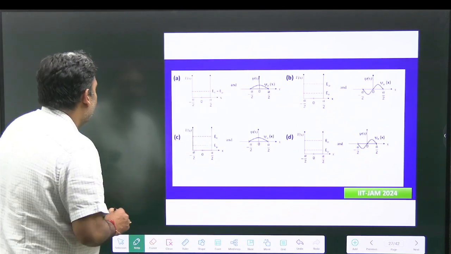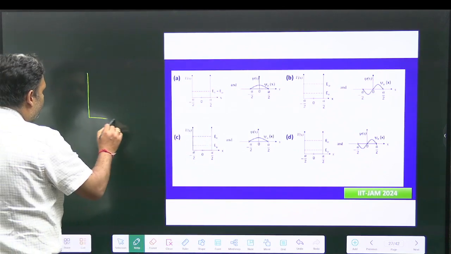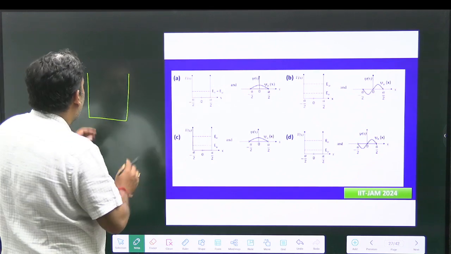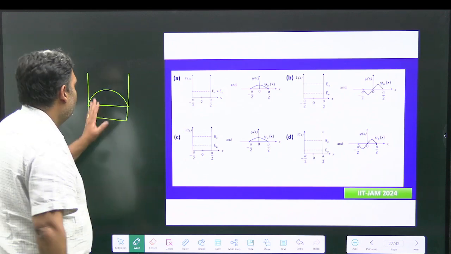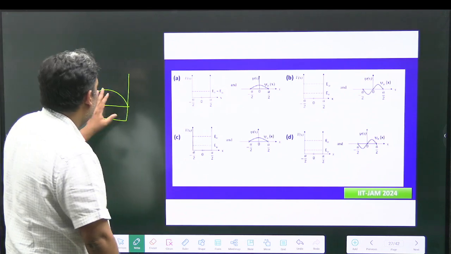Hence, this is a symmetric potential, so whatever the particle, the ground state wave function will be something like this.